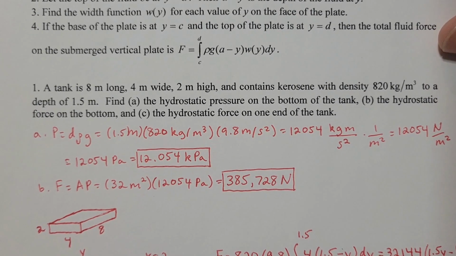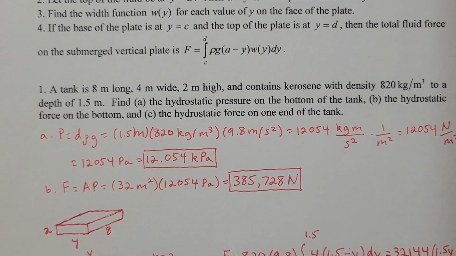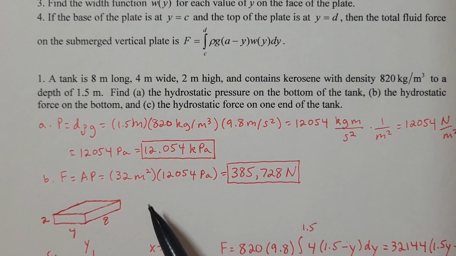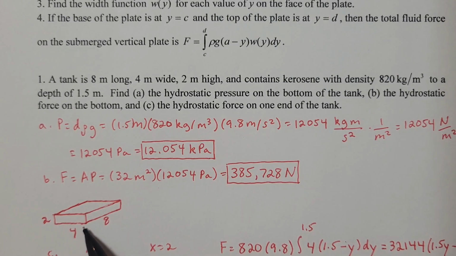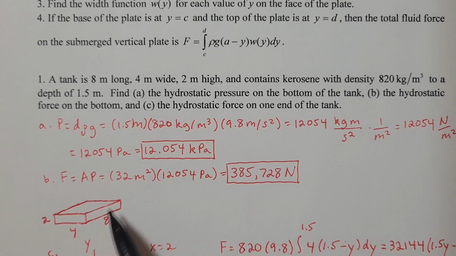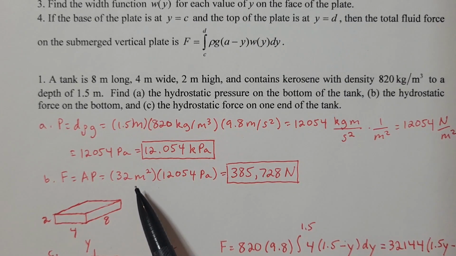Now in part B, they want us to find the hydrostatic force at the bottom of the tank. Well, force is defined to be the area times the pressure. The area of the bottom of the tank is 4 meters wide by 8 meters long, that's 32 square meters, times the pressure.